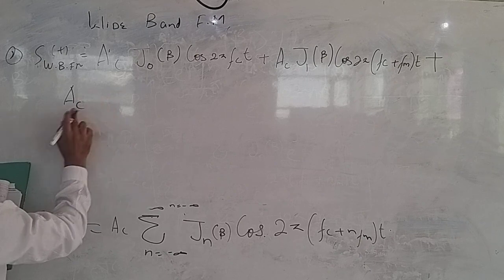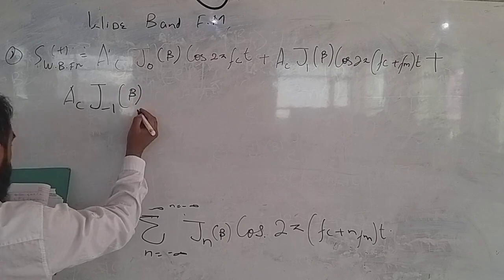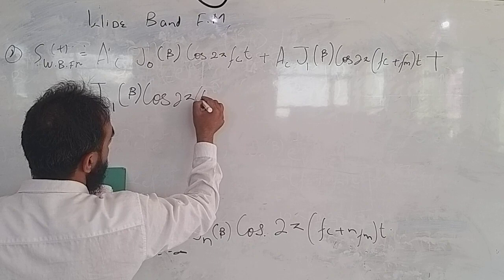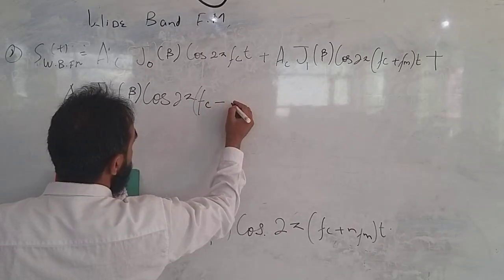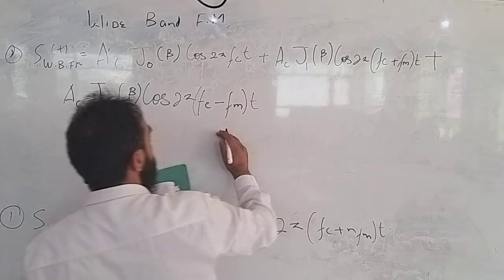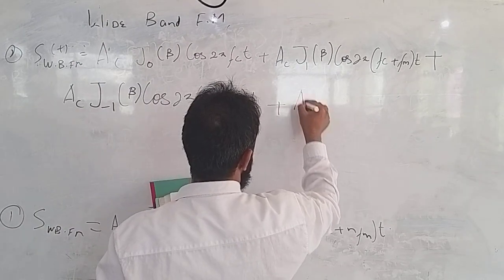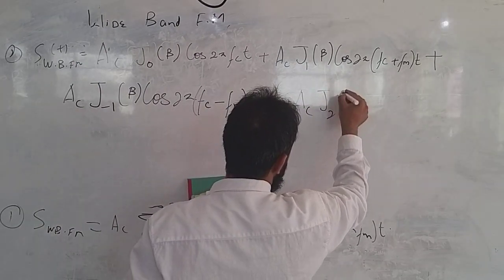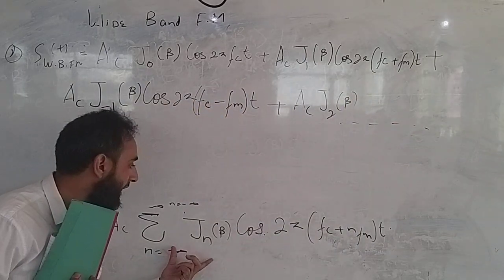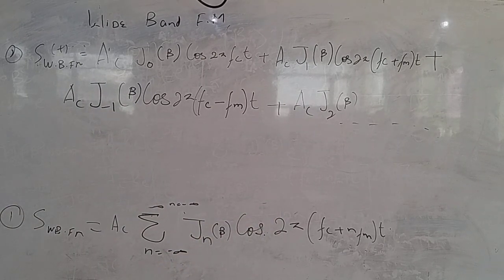So A_C J of -1 of beta into cos of 2 pi fc minus fm. Can you see something? Upper side, lower side, and something is happening. So plus A_C J2 of beta. Can you complete this please? Put n equal to 2 in the summation and get me the component, then n equal to -2. I want to see what you will do.